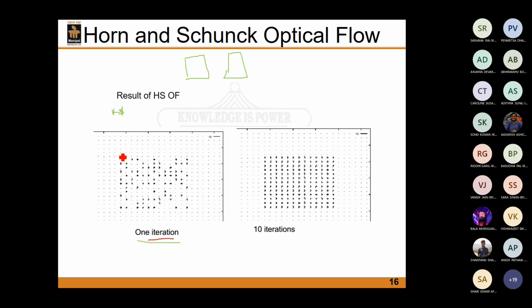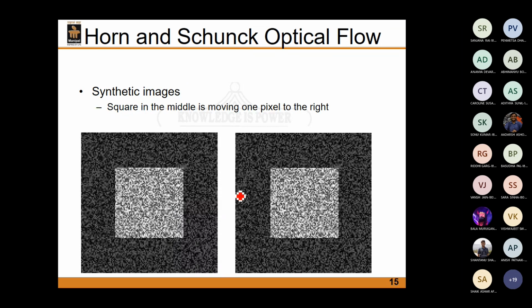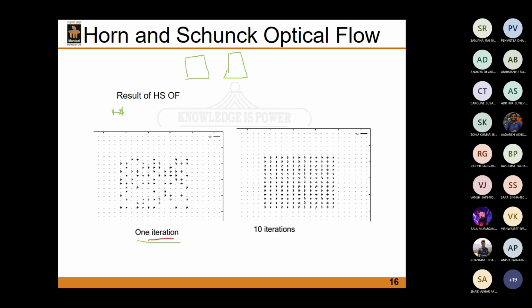In the previous image, we have a small square in the middle, and the motion between the two consecutive frames is that this particular square has moved to the right side by 1 pixel. So we are trying to see how the optical flow tracker will try to identify this.